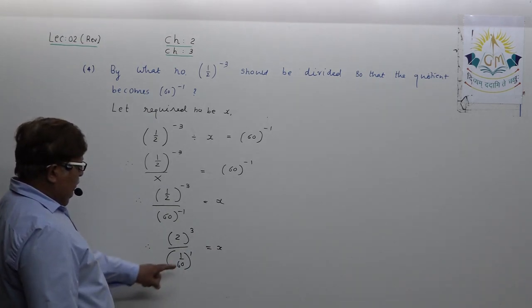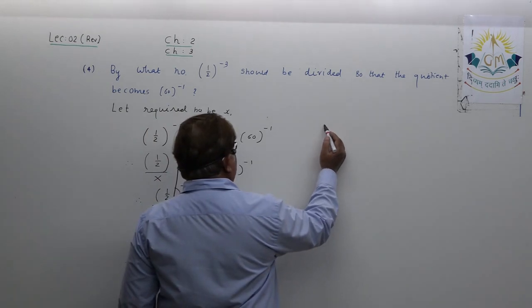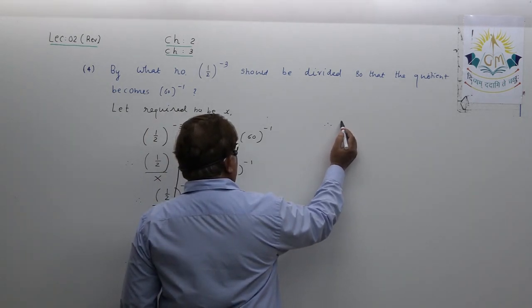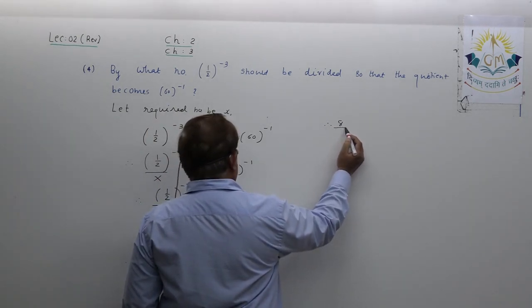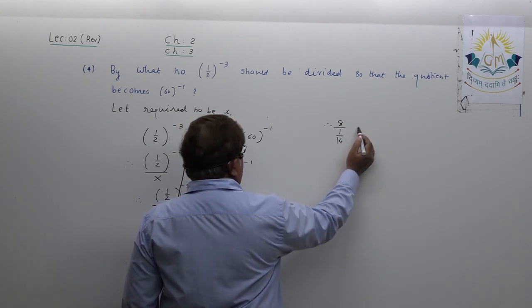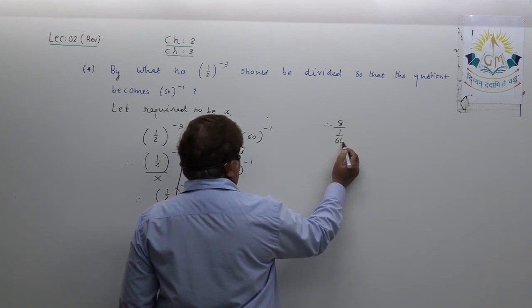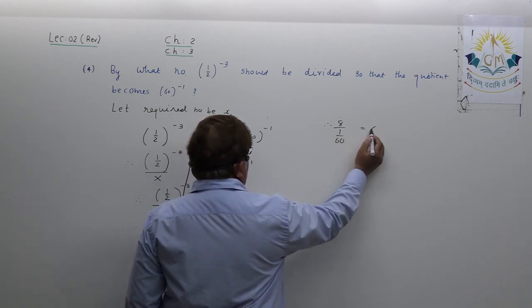The next step, 2 raised to 3 means 8 upon 1 upon 60 equals x.